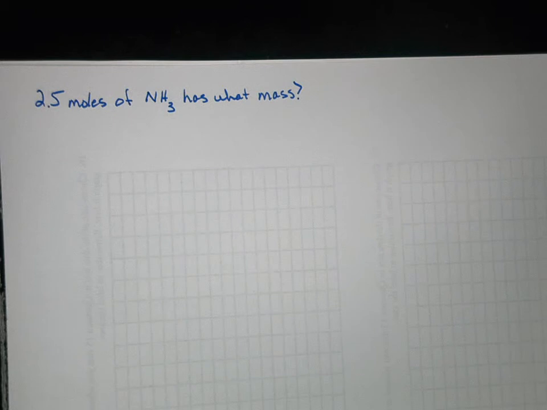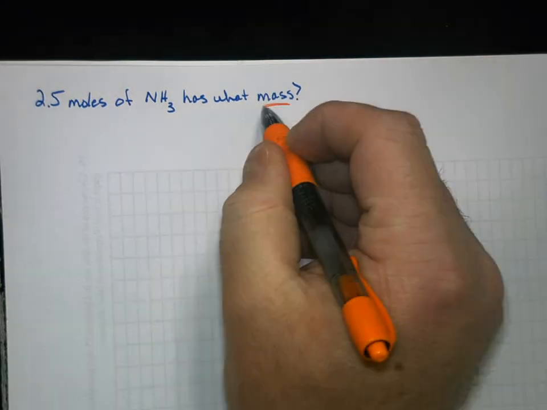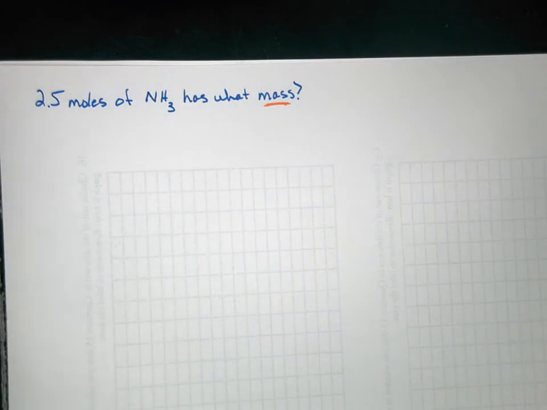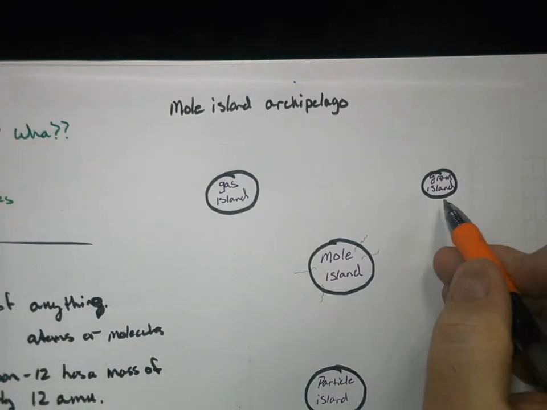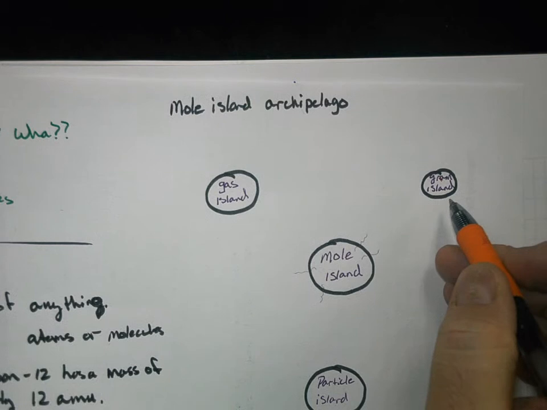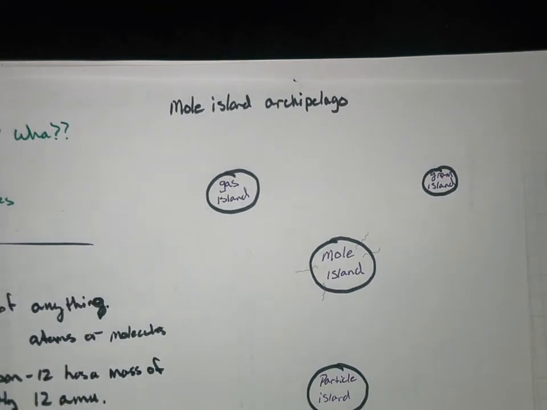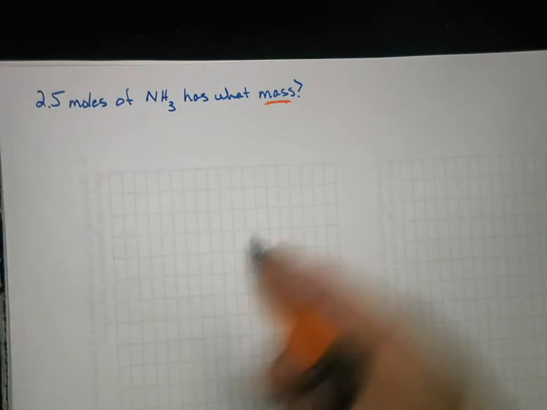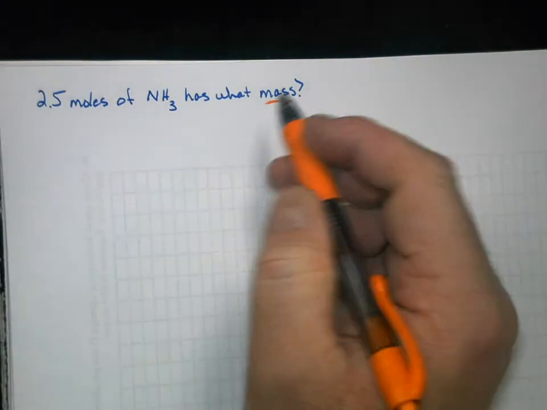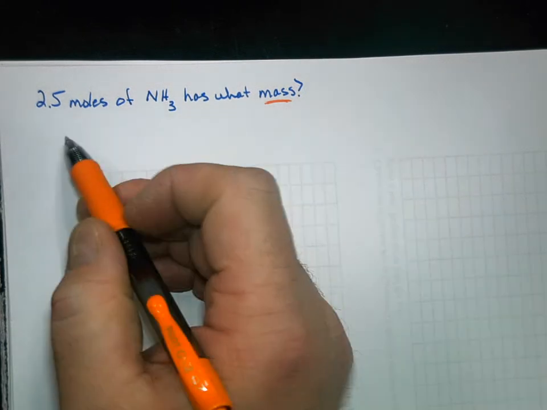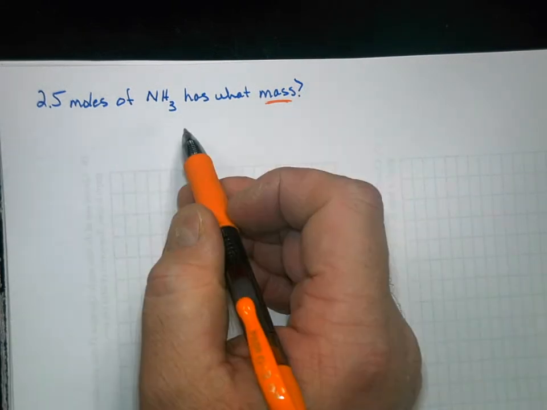This word right here should lead you to Gram Island. Mass is in grams, and so we should be referred to Gram Island whenever we see the word mass. Now, our conversion for this: if we have 2.5 moles of NH3, how much does 1 mole of NH3 weigh?